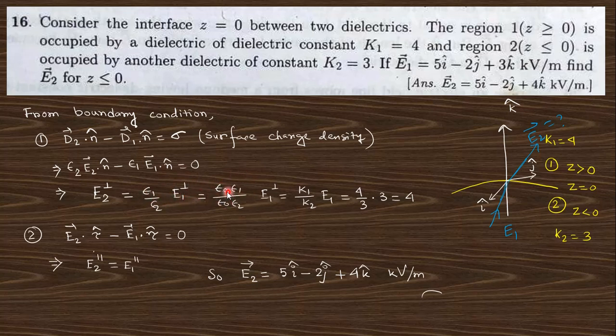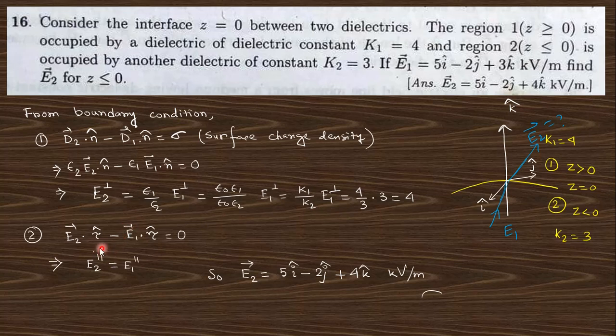If you divide by epsilon naught on both sides, you get k1 by k2, which is 4 by 3. The perpendicular component of E1 is 3, because the perpendicular direction is k cap, so you get 4. The perpendicular component of the electric field changes to 4.